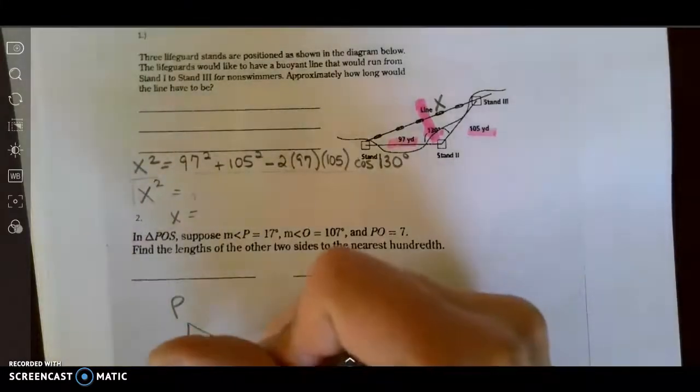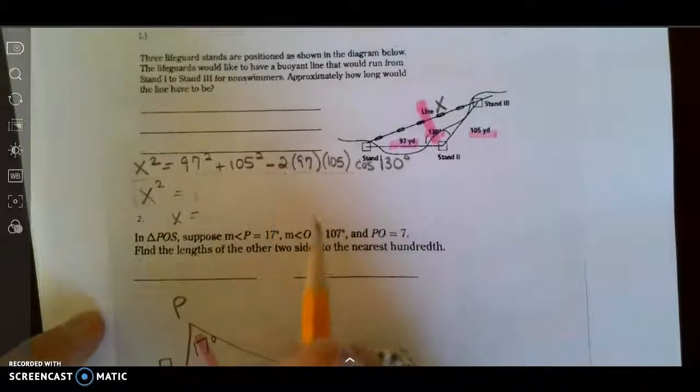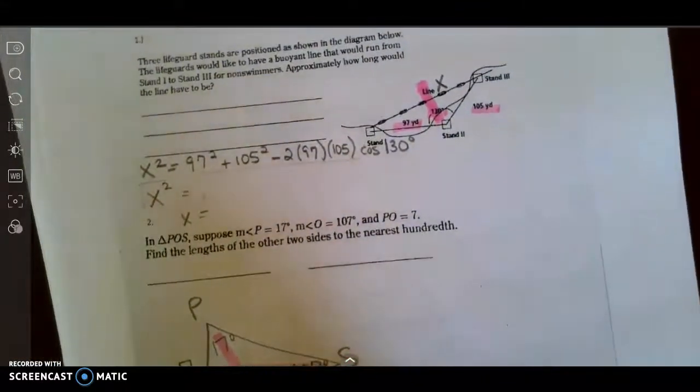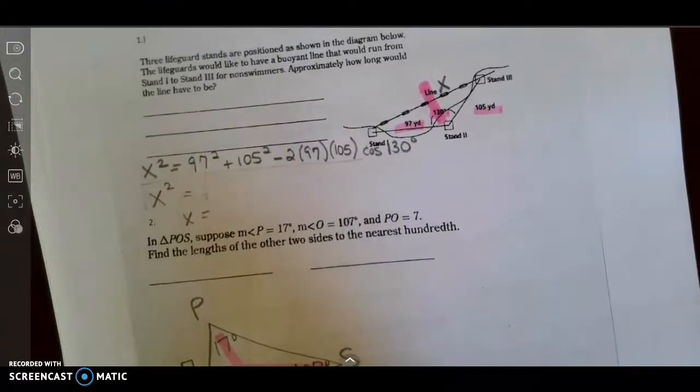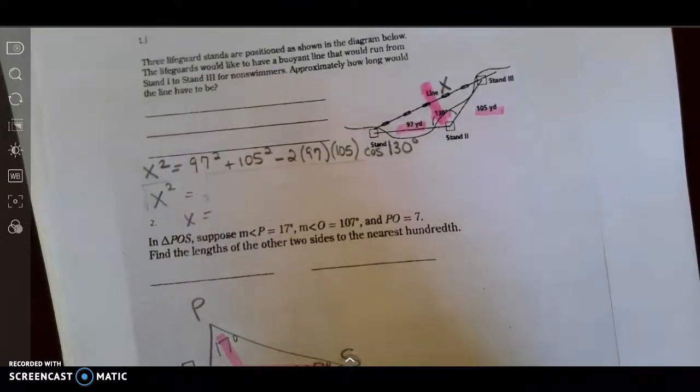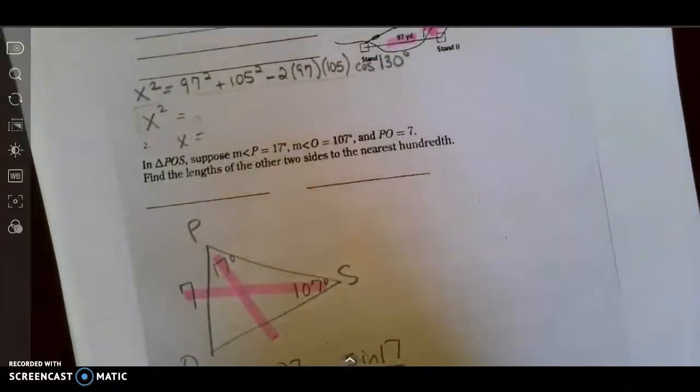Well, I'm going to start off looking for this one here. So I'm going to use law of sines and say sine of 107 divided by 7 equals sine of 17 divided by x. I cross multiply.